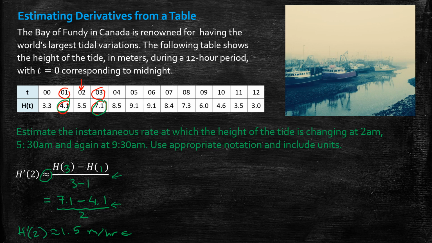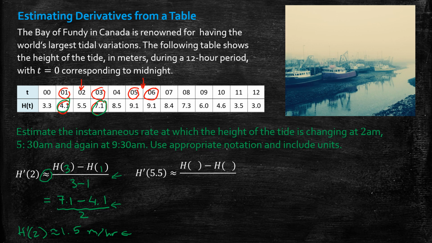Now we want to estimate h prime at 5.5. Now 5.5 is in between 5 and 6, so that's 5:30 a.m. And so we take the nearest available values. We know the height at 5 a.m. and at 6 a.m., and we use those to work out the value at 5.5.